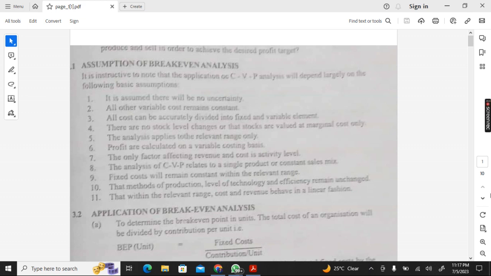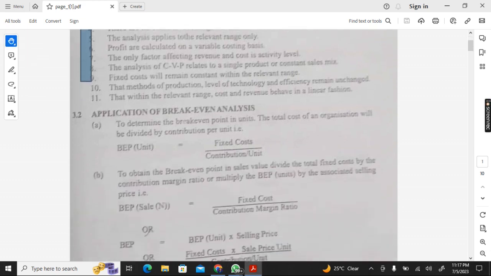Then the major application of break even analysis. This application is something we need to master very well, because at times they can twist the questions, and we will be looking at which one to use and which not to use.